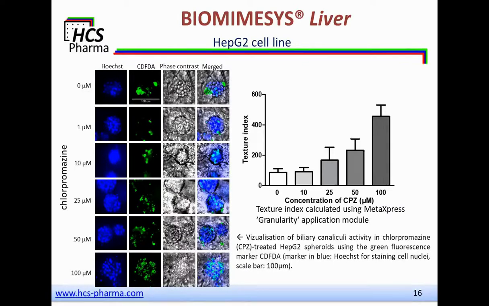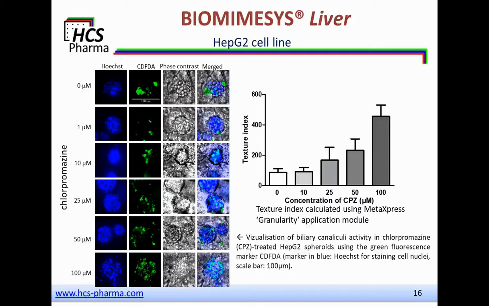HepG2 cell line has been cultivated in Biomimesis for the study of the cholestatic effect of compounds. Chlorpromazine is a compound that can induce a destabilization of biliary canaliculi, which is known as the cholestatic effect. You have the nuclear staining of the spheroids together with the green staining of CDFDA, which is a substrate for these biliary canaliculi.